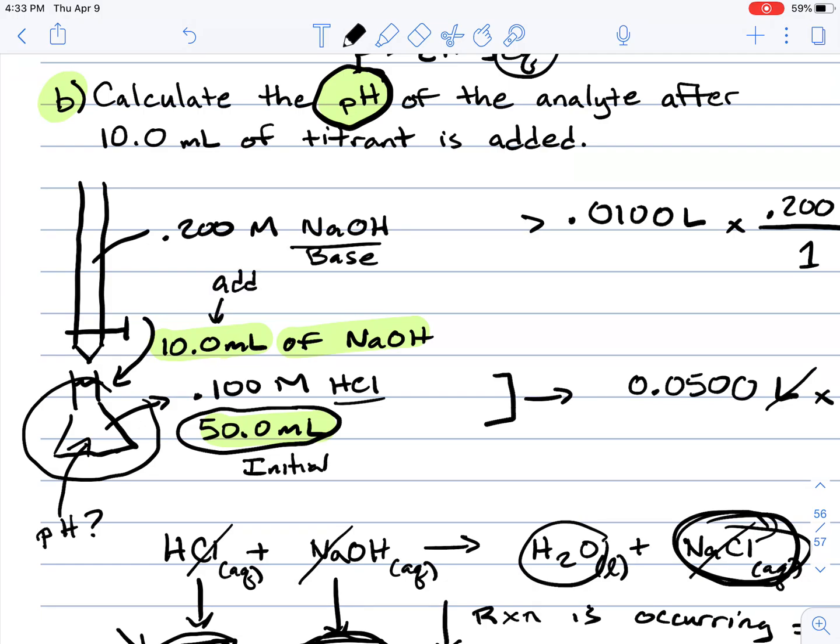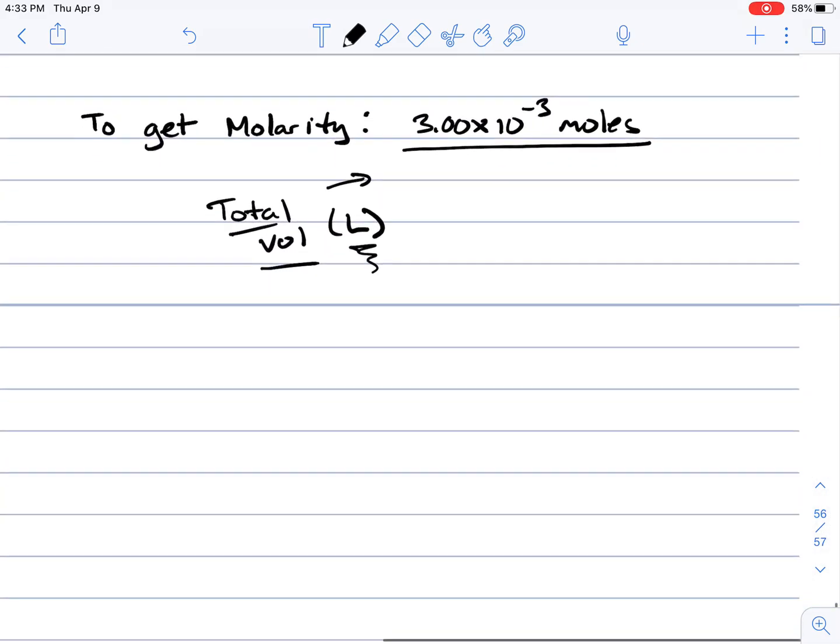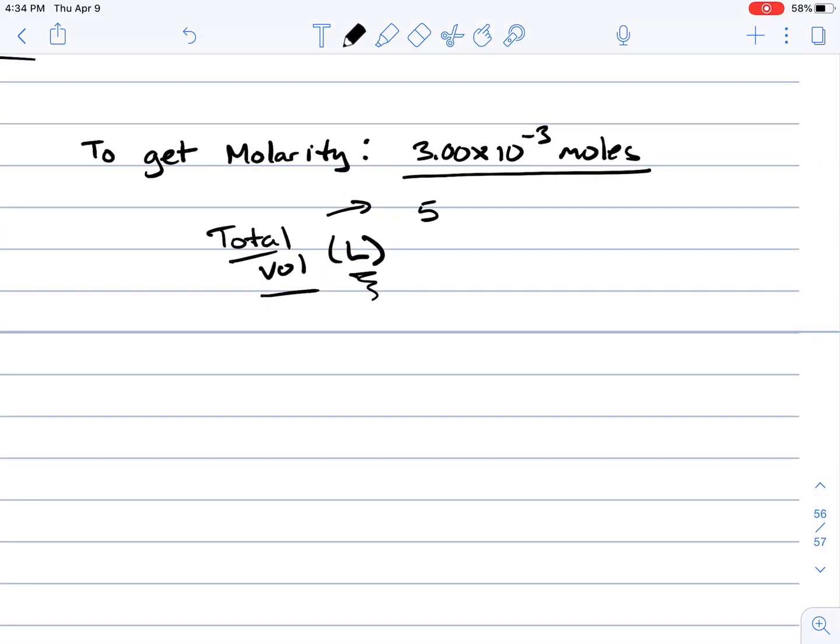And so therefore the total volume is 60 milliliters. So we're going to put in 50 milliliters plus 10 milliliters, which is the addition, and that gives us 60.0 milliliters. Okay, and so we need to make sure that this milliliter is in liter.